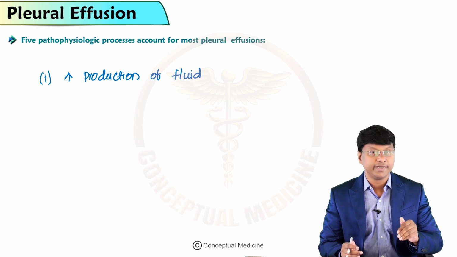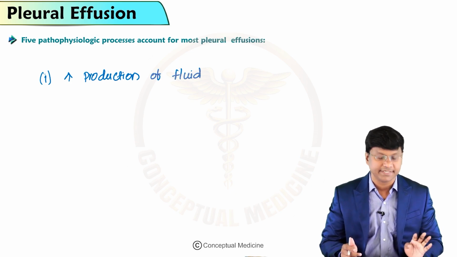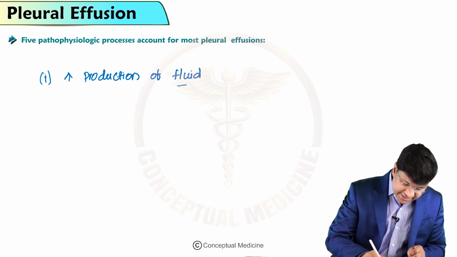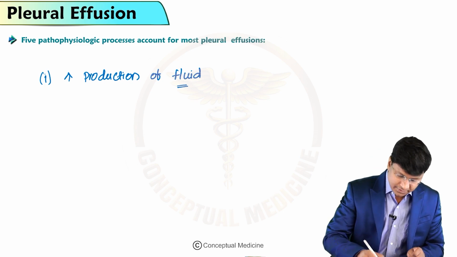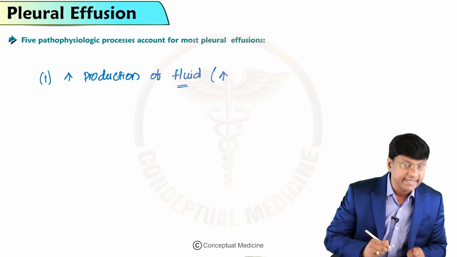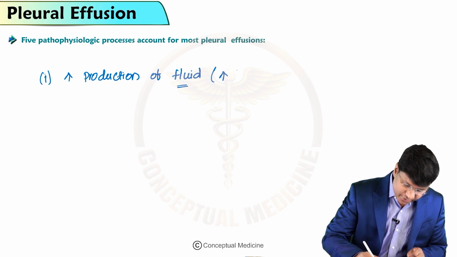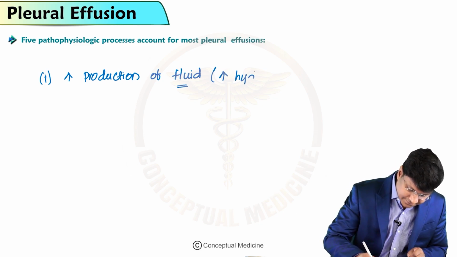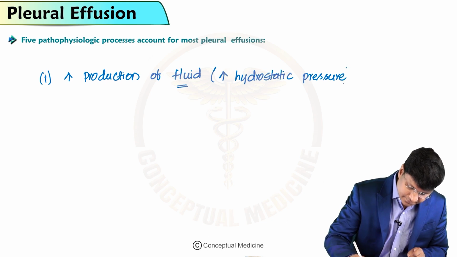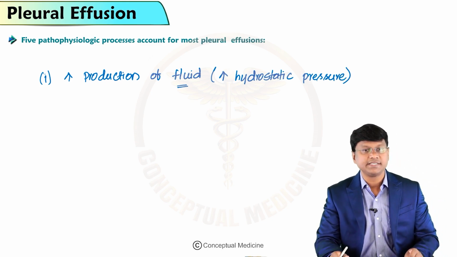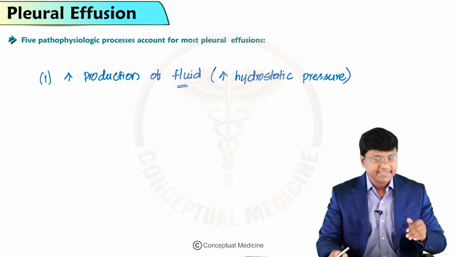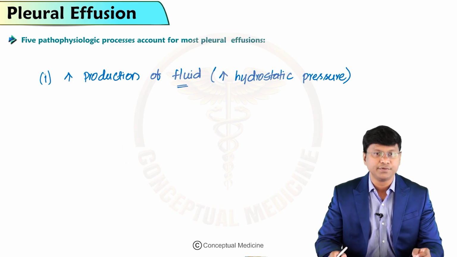When there is increased production of fluid, subsequently there will also be an increase in hydrostatic pressure. That can contribute to the development of pleural effusion.